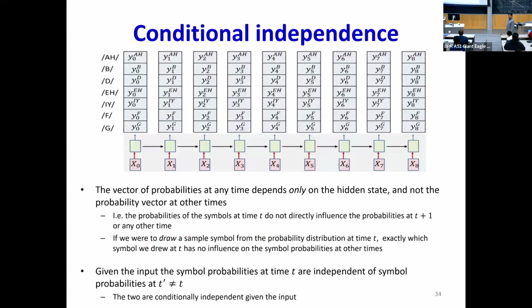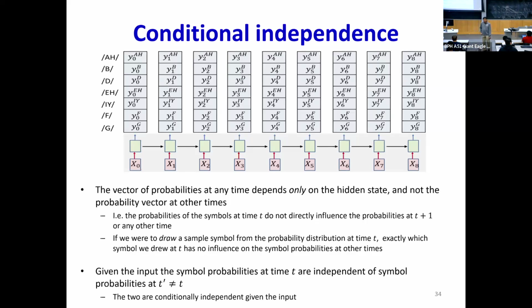Now, something interesting happens. The conditioning goes away. And why is that? The way we compute probabilities in your recurrent neural network, all the information is moved forward through the hidden layer. So, if I were to be drawing outputs from this probability distribution here, which symbol I chose at time 1 has no influence on the probabilities I compute at time 2.